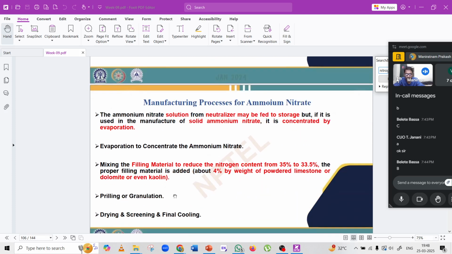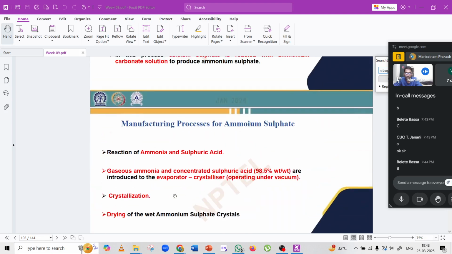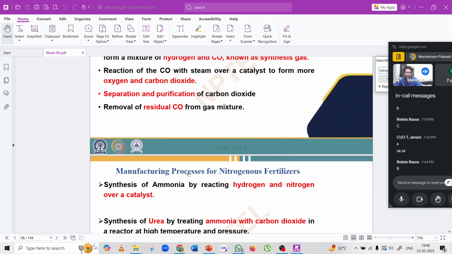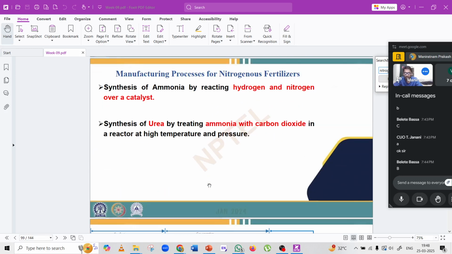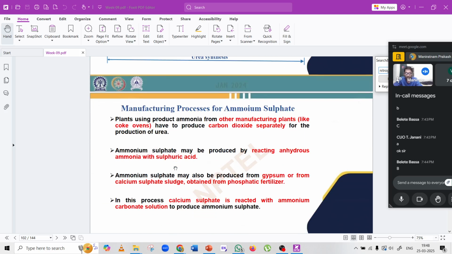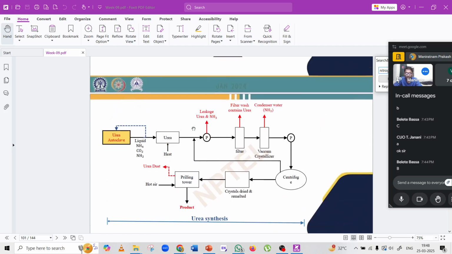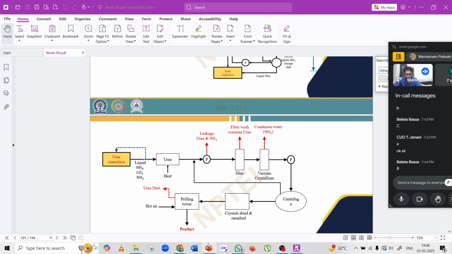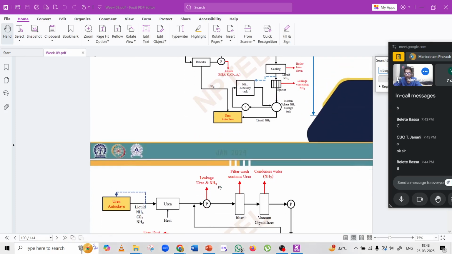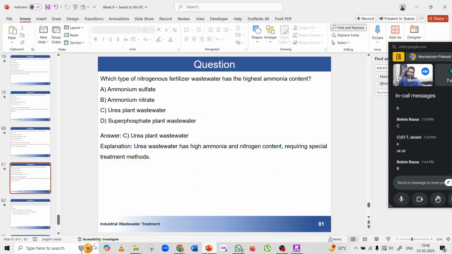But highest amount of... You have to go to the lecture notes to see how much ammonia is in each kind of fertilizer. Okay, na. But if you look at the nitrogenous, it will contain the highest amount of urea, sorry, the highest amount of ammonia. Are you getting what I am saying?